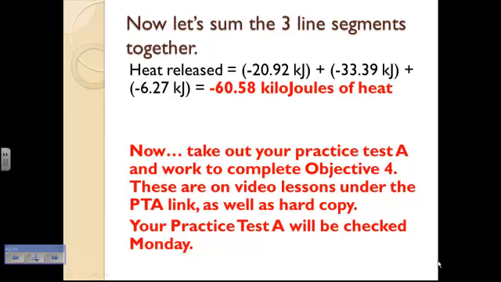And the last line, negative 6.27 kJ of heat. Sum the three line segments, and we get an exothermic value of negative 60.58 kilojoules of heat. To bring us from point A at 50 degrees all the way to the bottom point at negative 30 degrees, we lost a total of 60.58 kJ of heat.